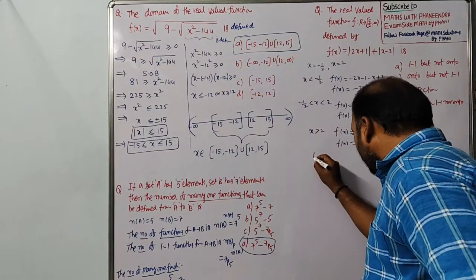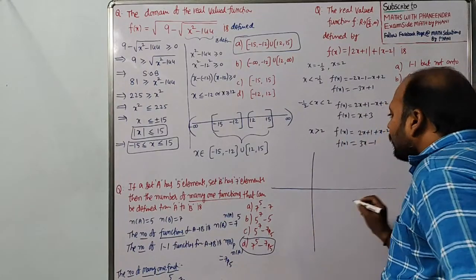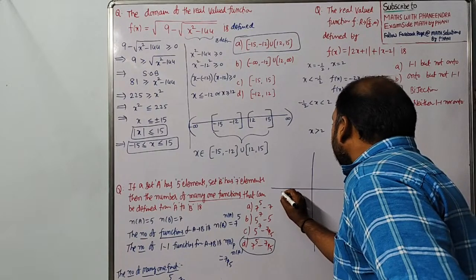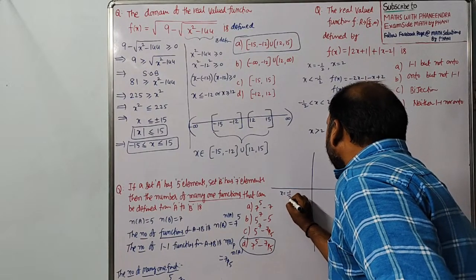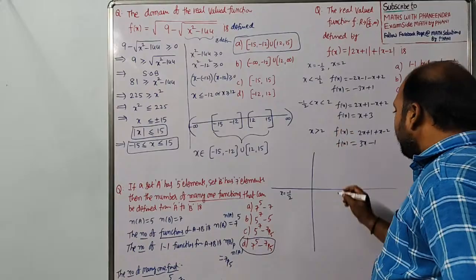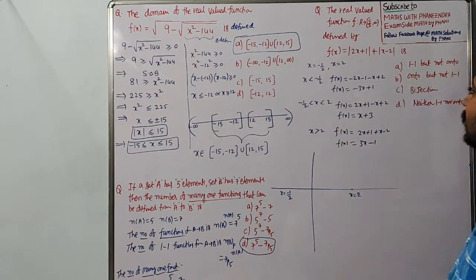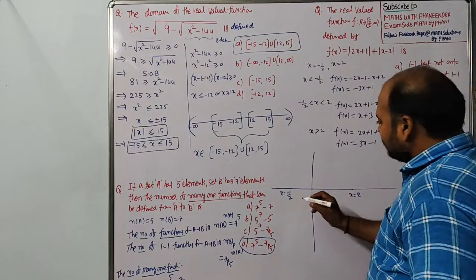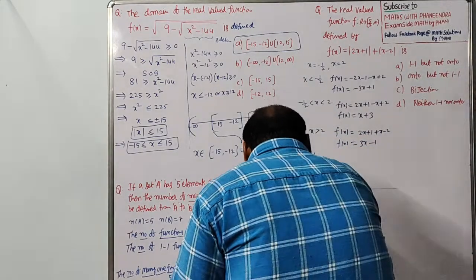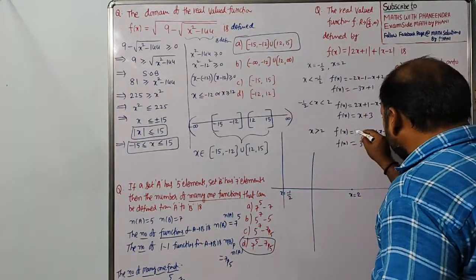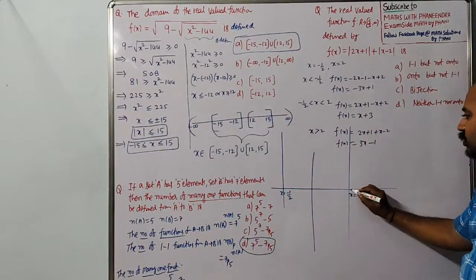We will draw the graph, dear students. So x is equal to minus 1 by 2 here, x is equal to 2 will be here. This is the x is equal to 2 line.